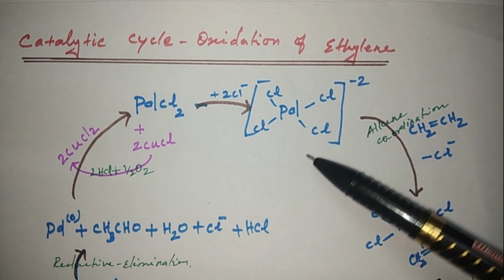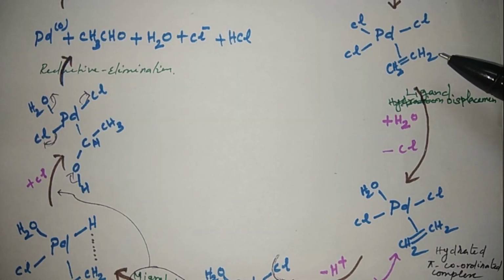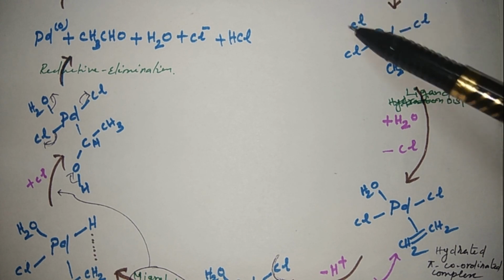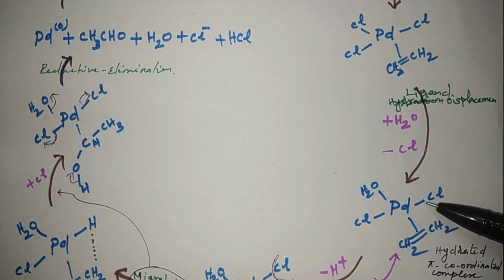This alkene is coordinated with this complex and we get a coordination complex. Palladium is bonded in between the double bond of the carbon atoms. In this coordinated complex, ligand displacement by a water molecule takes place: one of the Cl is displaced by an H2O molecule, and we get a hydrated coordinated complex.